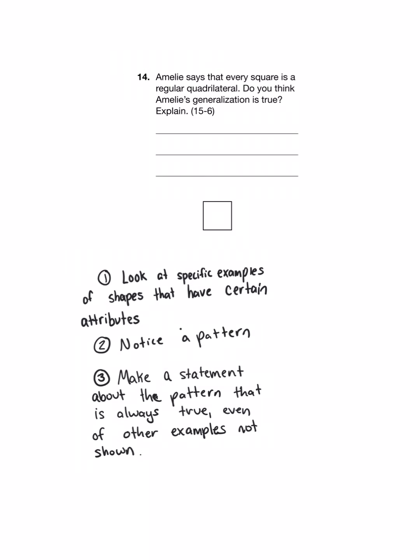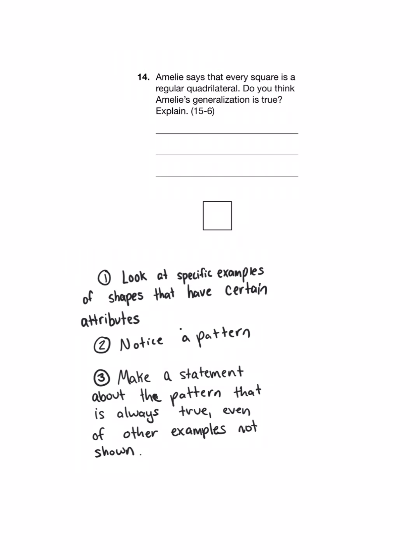Next, notice a pattern or something that all of the shapes seem to have in common, and then make a statement about the pattern that will always be true, even if we introduce other examples of shapes that are not currently shown in the set we started with.